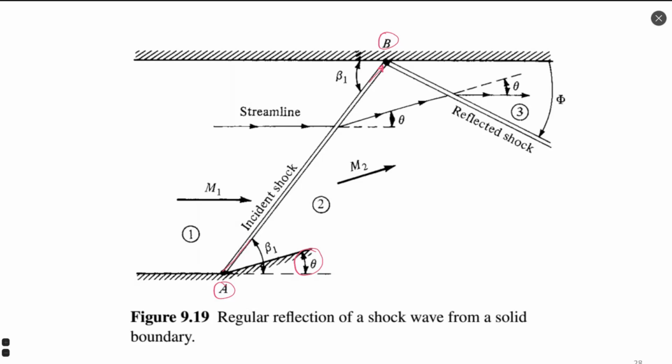It causes a reflected shock wave, and this reflected shock wave has some properties that we might be interested to calculate. For example, for real applications, you have a diffuser. The diffuser generates first an oblique shock wave, and then on the other side of the diffuser, this shock wave will reflect. And here in the zone of point B, we might have a high gradient of temperature, and some significant pressure change, but mostly temperature.